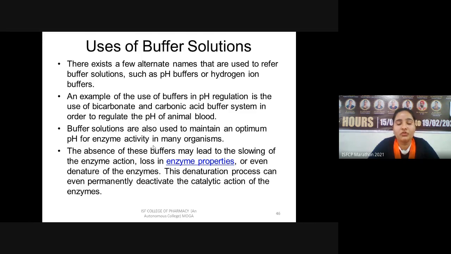Without the buffer solutions, the pH may change and there might be slowing of the enzyme action, and hence the loss in the enzyme properties, or it may also result in denaturation of the enzymes. This denaturation process can even permanently deactivate the catalytic action of the enzymes. Hence the buffer solutions are really important.